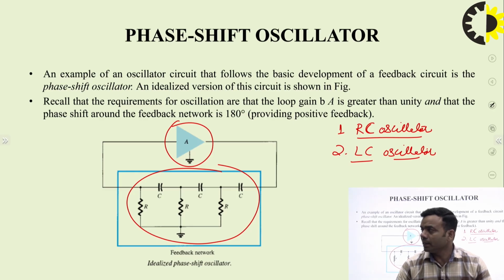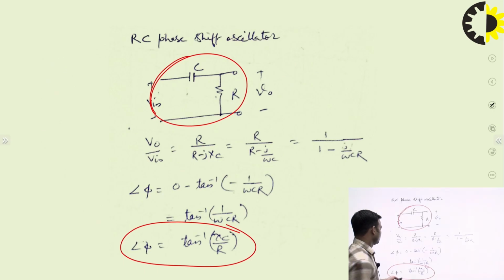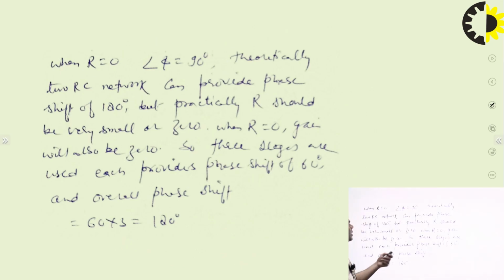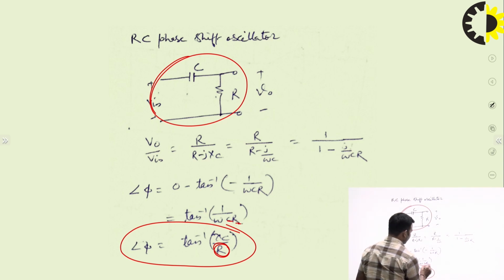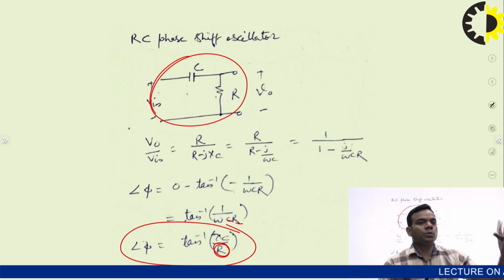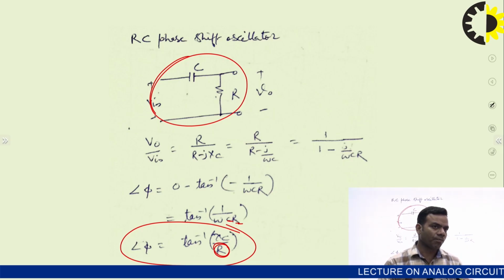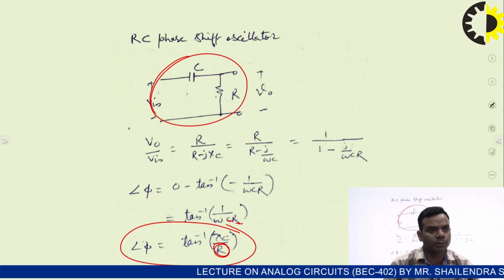Practically, this 180 degree phase shift cannot be obtained with the help of two RC networks, because this value cannot be 0. By choosing proper values of C and R, you can get the desired phase shift. That means two RC networks cannot work; 3 or more than 3 networks can provide a phase shift of 180 degree.